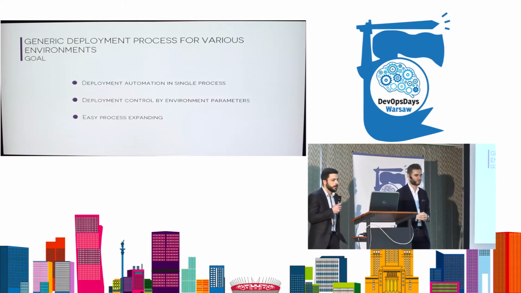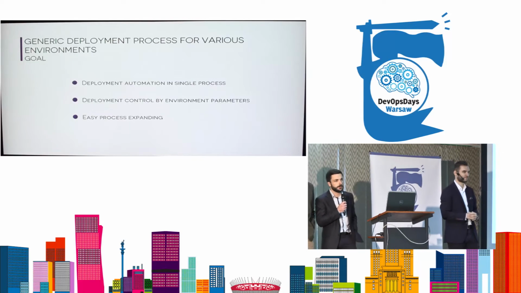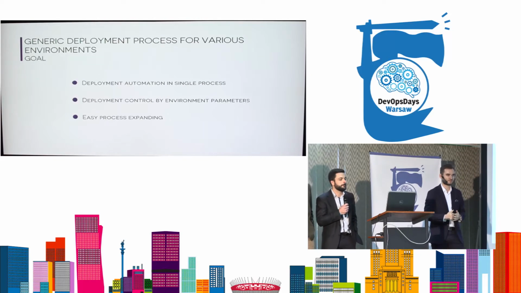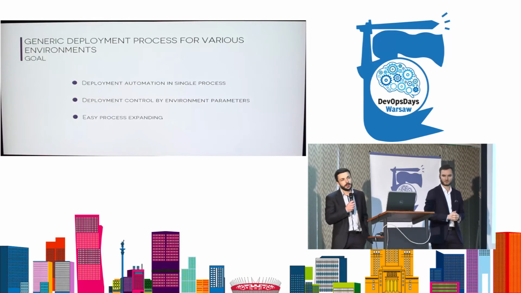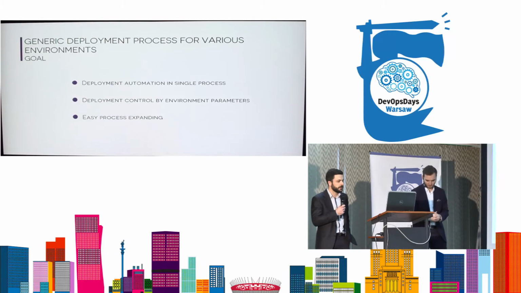So what are our goals here? First, we want to handle multiple environments in one single generic process. In order to do that, we have to control the process with environment parameters. The workflow of this process should be designed in a way that enables its processing on, for example, different types of middlewares.